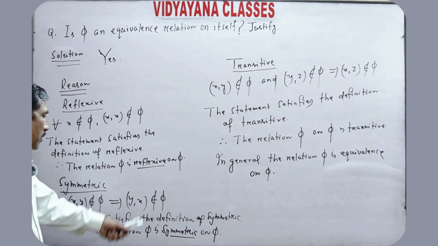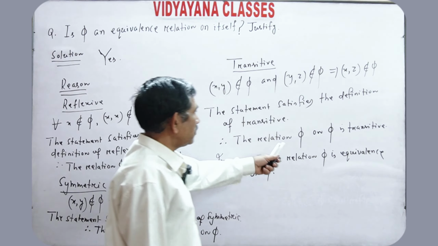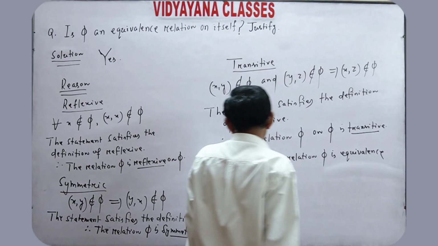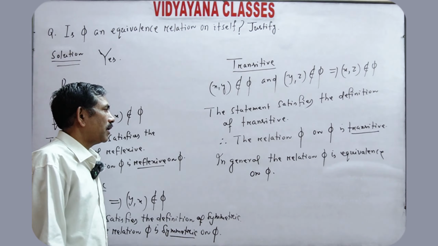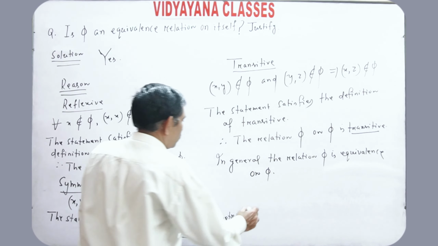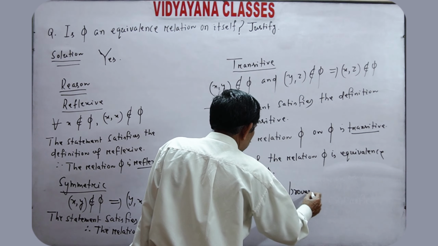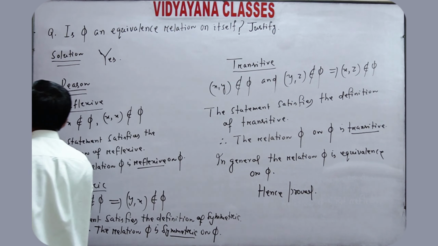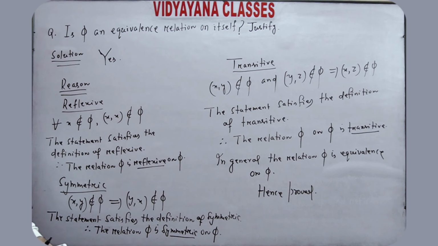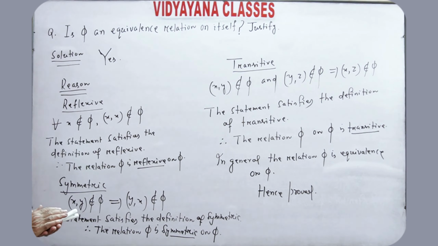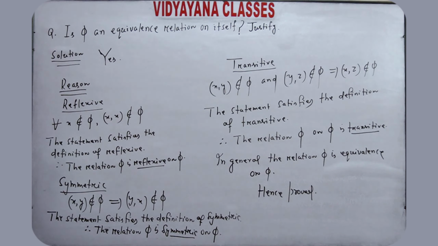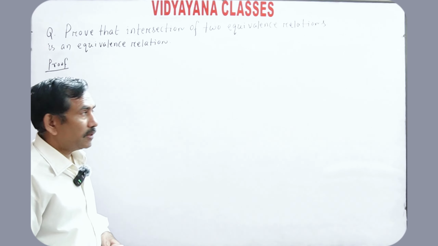The relation phi is reflexive, symmetric, and also transitive. In general, we can say the relation phi is an equivalence on phi. Hence proved. Phi satisfies the definition of reflexive, symmetric and transitive. Clear? Okay. Note down. Next question.